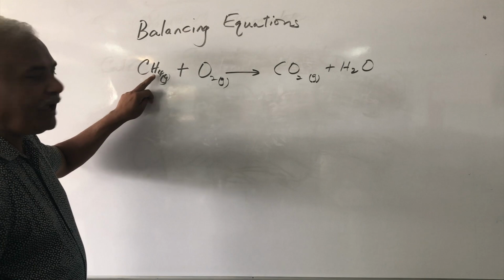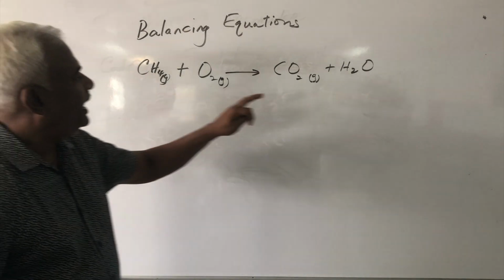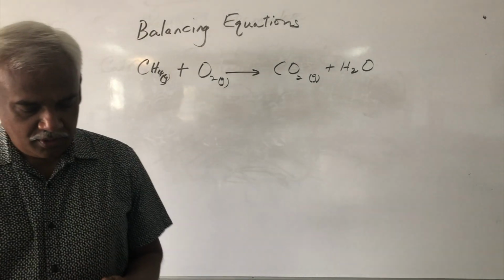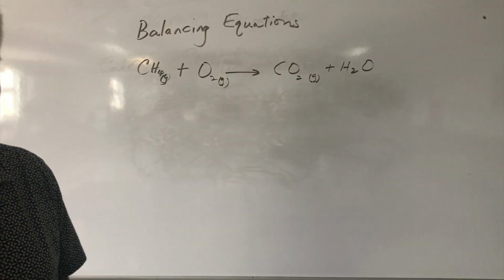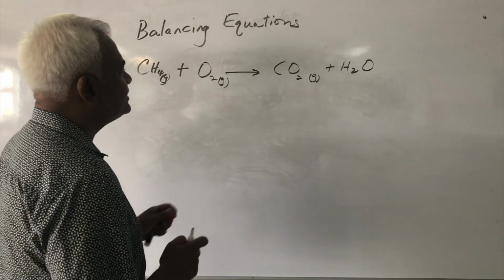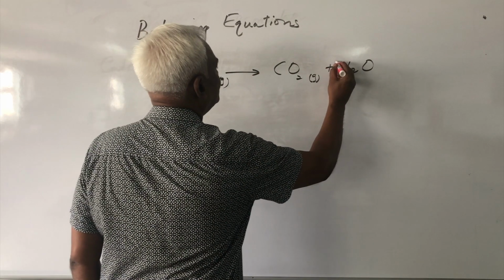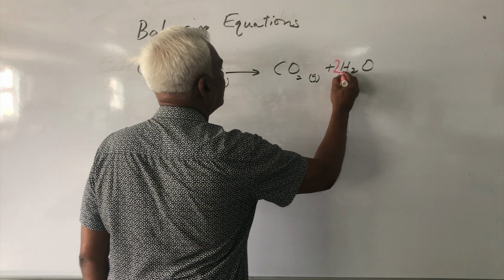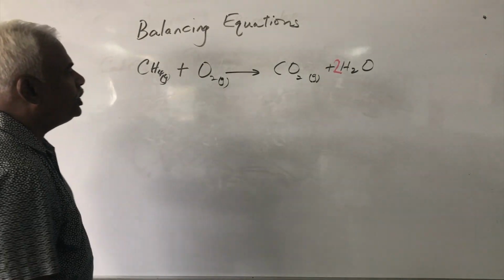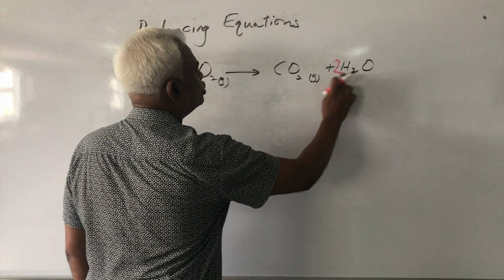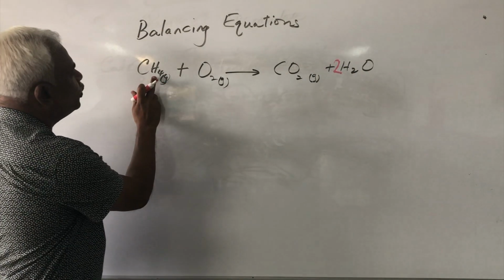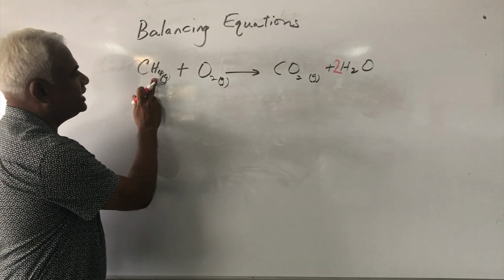But I have 4 hydrogens, and I have 2 hydrogens. Now, if I have 2 hydrogens there, let's try 2. Put a 2 here. Now I have 2 2's. 2 2's are 4. Now I have 4 hydrogens, which will be equivalent to this here.